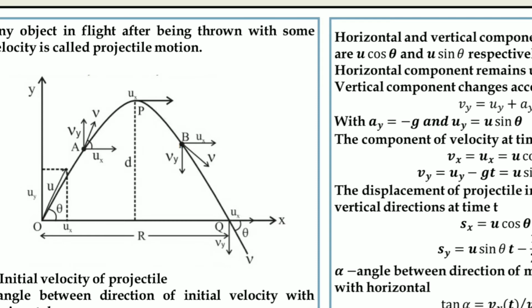We have experienced many examples of projectile motion, such as while watching cricket or while playing with friends, when you are throwing a ball towards your friend. So the motion of that object is what?